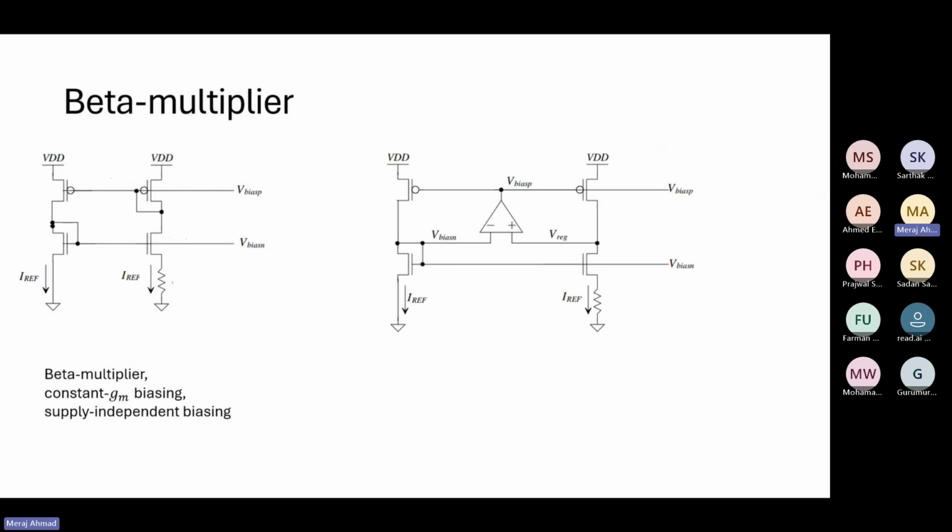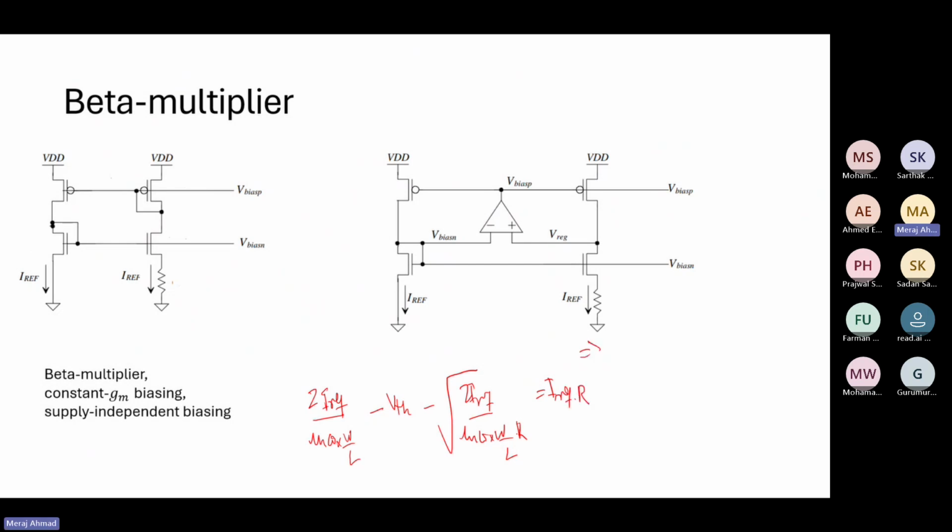So what will this value be? VGS is root of 2 IREF by mu n Cox W by L, plus VTH. And here will be minus VTH minus root of 2 IREF by mu n Cox W by L with a K here, is equal to IREF times R.